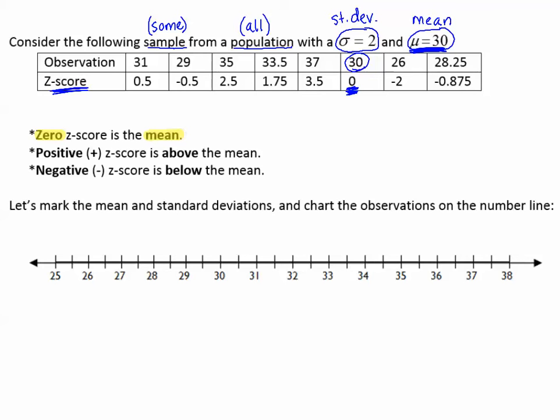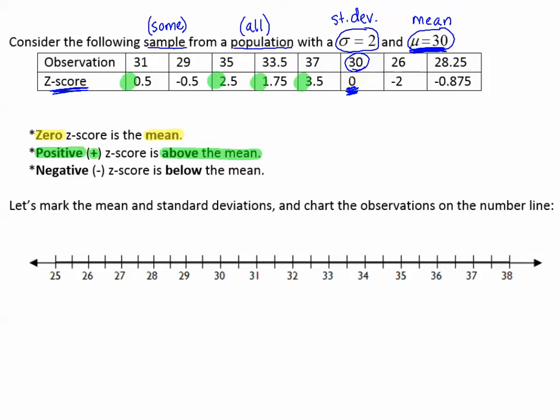When the z-score is positive, like positive 0.5, positive 2.5, notice that all of these values are above 30. These are all positive z-scores, therefore the observations are above the mean.